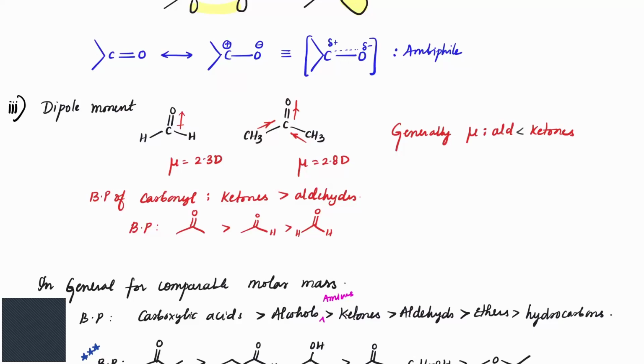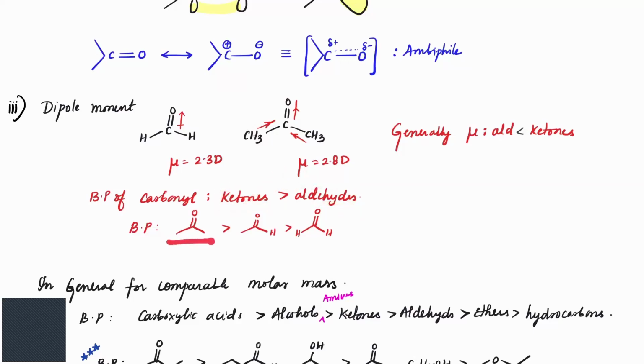Generally what has been observed is that ketones have a higher dipole moment than aldehydes, and that shows in their boiling point also. So if you compare aldehydes and ketones of similar molar mass, ketones would always have a higher boiling point.